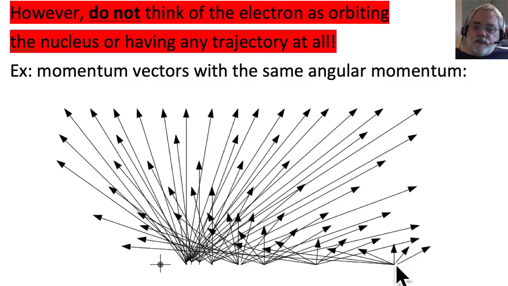So even just drawing these arrows is wrong, because it should be a smeared out arrow. Every one of these should be smeared out. And so really this whole picture should be smeared out.